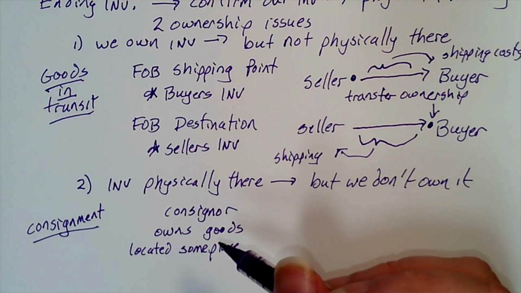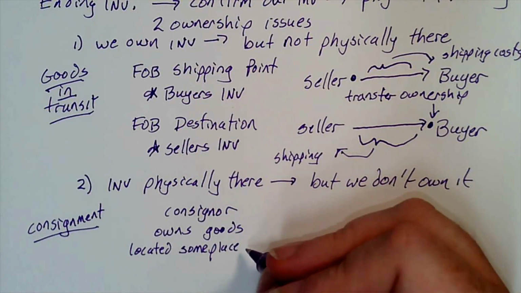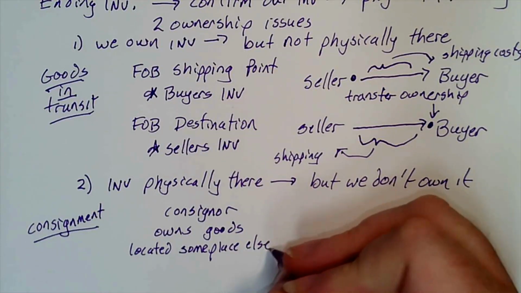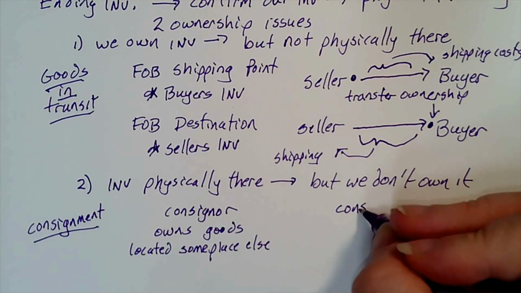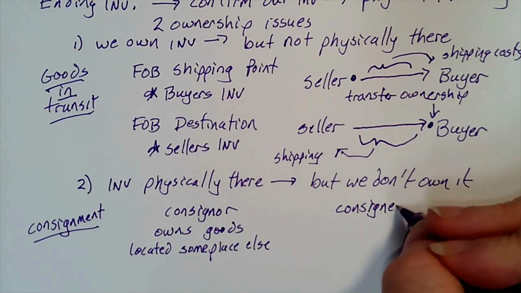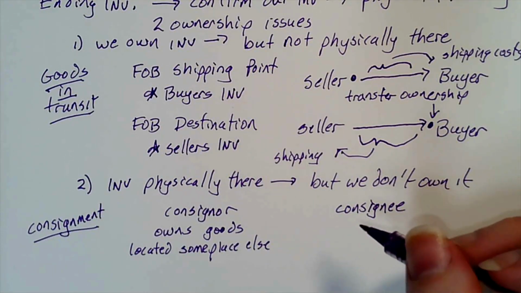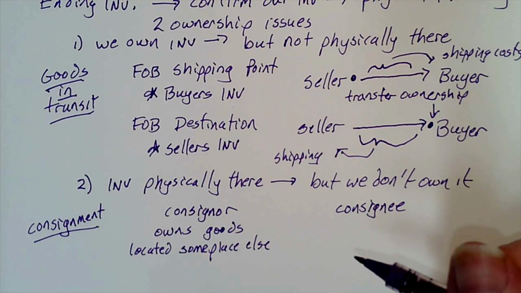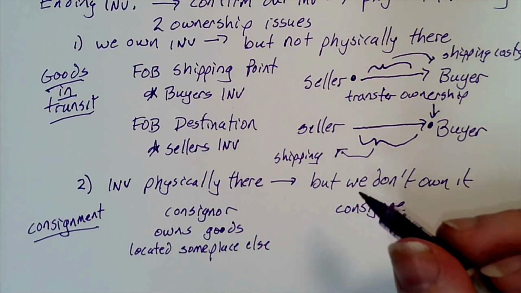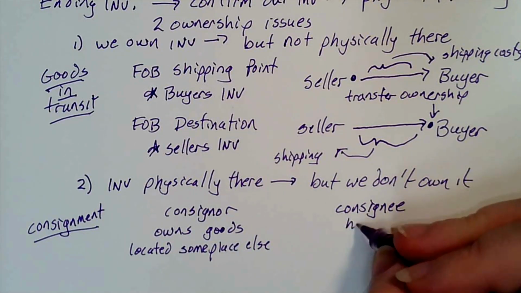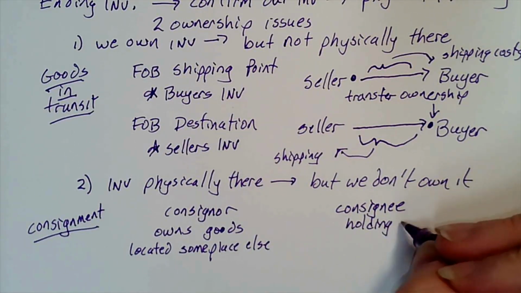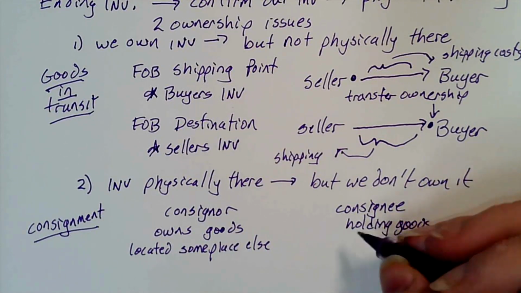That's like my mother, she owns the rocking chair, but it's at the consignment store. But the consignee is like the consignment shop, the person that owns the store. It's not their inventory. They're just charging people a fee to display the goods. So they're holding goods that they don't own.